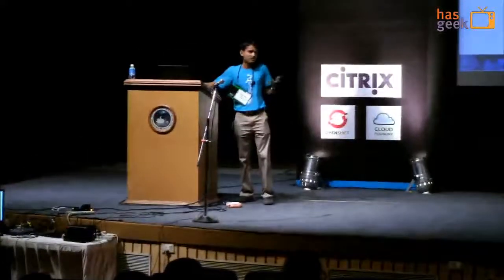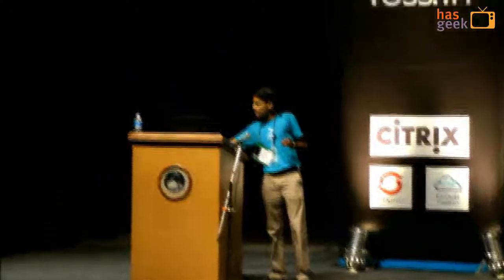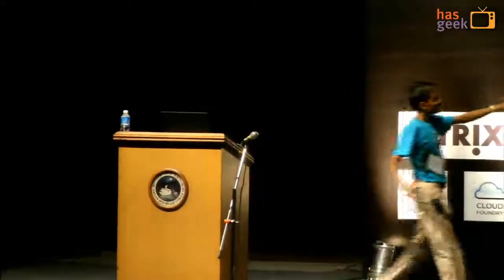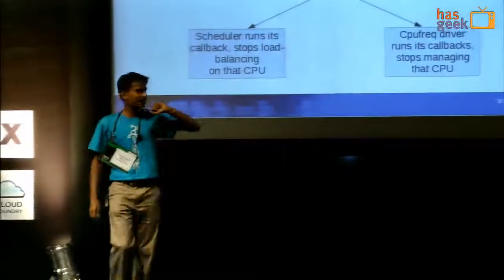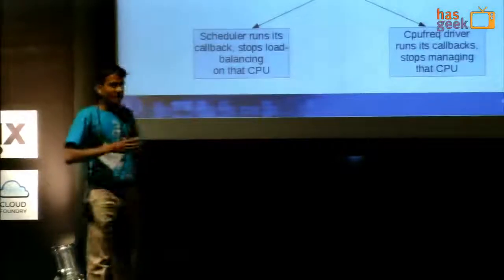No, no. The callbacks that you register drive CPU hotplug, which makes them the writer, not the reader. Which one do you want to see? Yeah. Say scheduler has a callback for CPU offline, right? So it's interested in knowing about a CPU going down. Why?